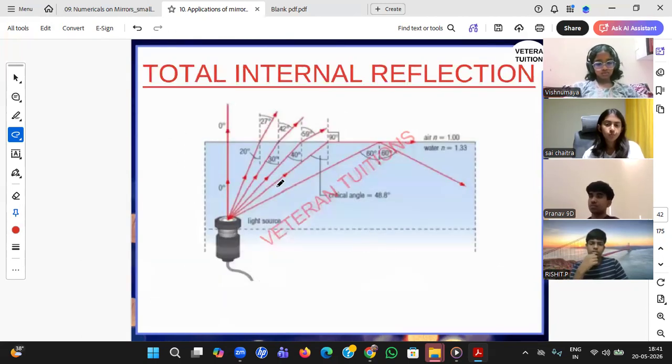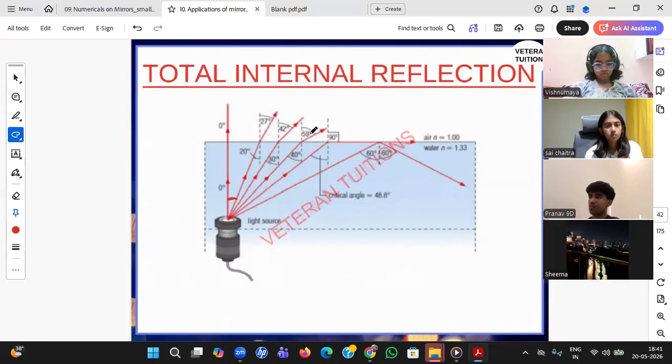Okay, look at this particular thing. First the angle of incidence is 20 degrees, it has bent. 30 degrees, it has still bent. 40 degrees, bent. At this one, it is grazing the surface, so this is nothing but the critical angle. Now if I still increase the angle beyond the critical angle, you can see that the light ray will reflect back.